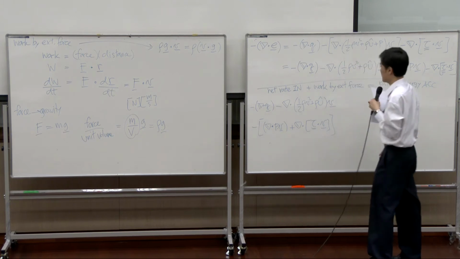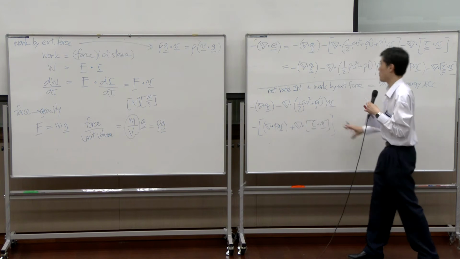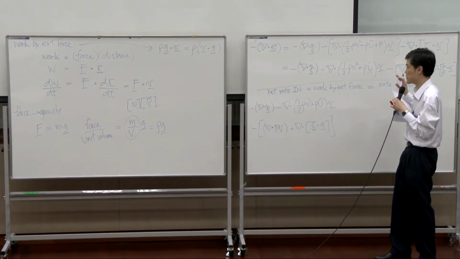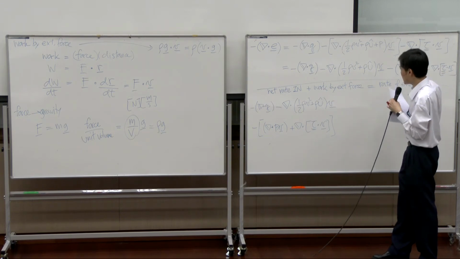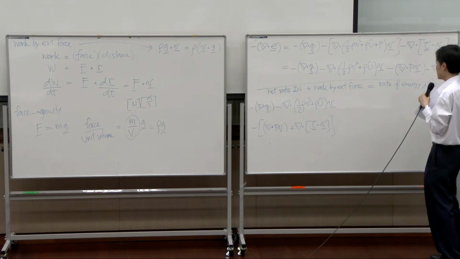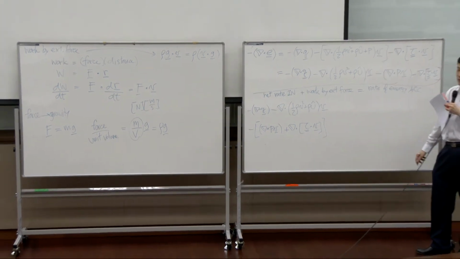All right? These four terms, 1, 2, 3, and 4, are net rate of energy fluxes going in. Please note that right now I keep these two terms together.